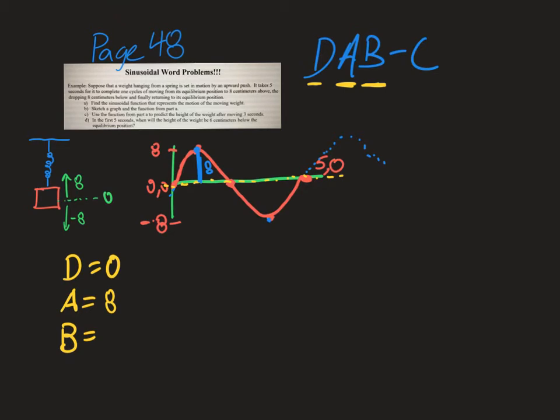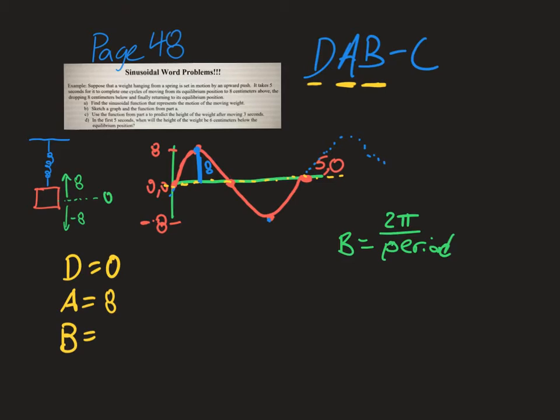So to find B, we have to remember that B is equal to 2 pi divided by the period of your function, okay? You may see this formula written a little bit differently. You may see it as 2 pi divided by B is the period instead, okay? But those both mean the same thing, right?